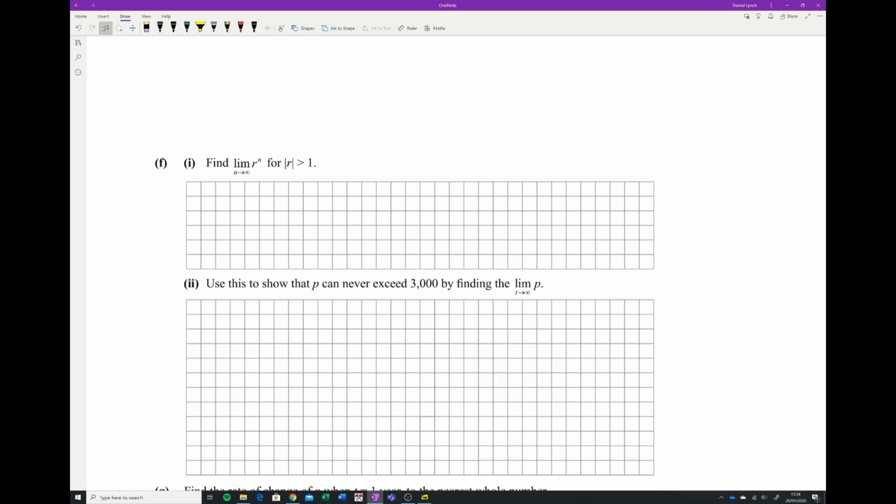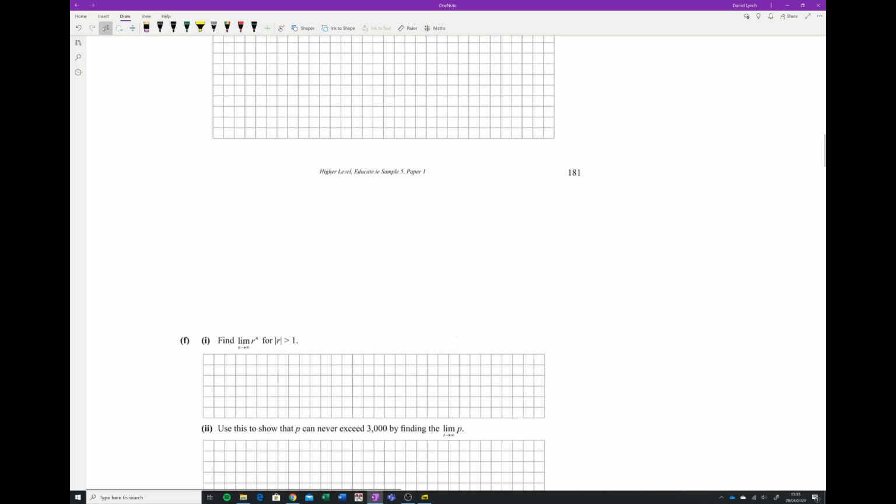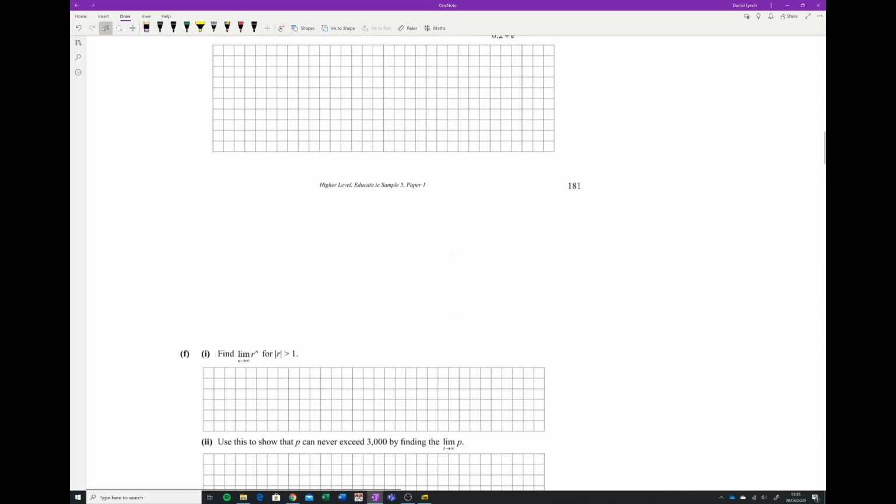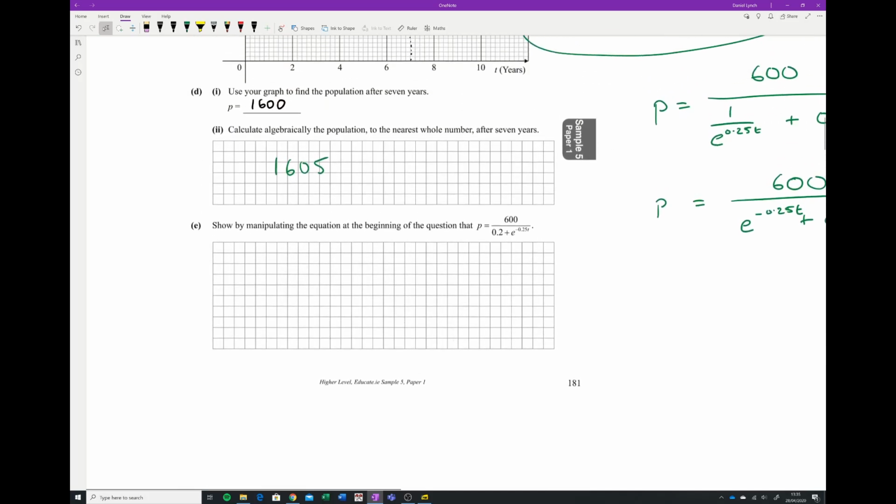Find the limit of r to the n for which the absolute value of r is greater than 1. And it asks, use this to show that p can never exceed 3000. Oh, sorry, this is still tying in with our previous one.